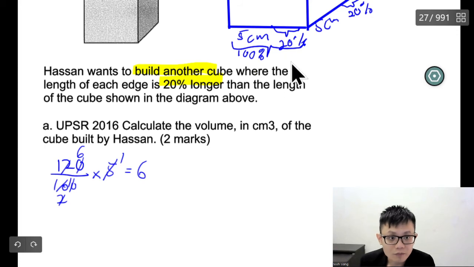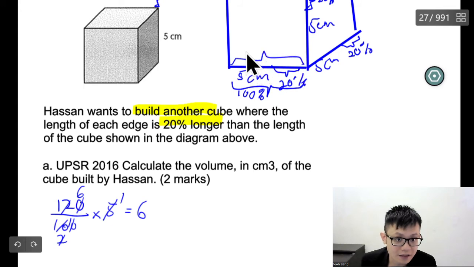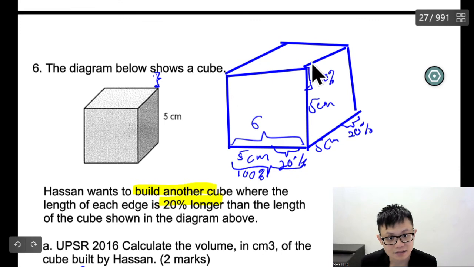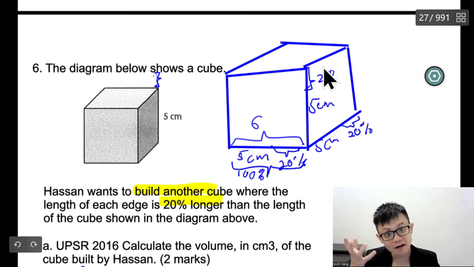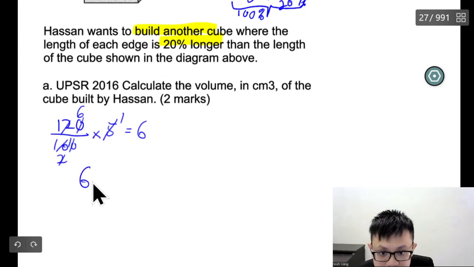So from this one, we know that the new cube that Hassan wants to build is 6 cm here. So I know that here is 6 cm, here is 6 cm, 6 cm. Every length of the cube is 6 cm. So what I need to do is I just use 6 times 6 times 6, correct or not?